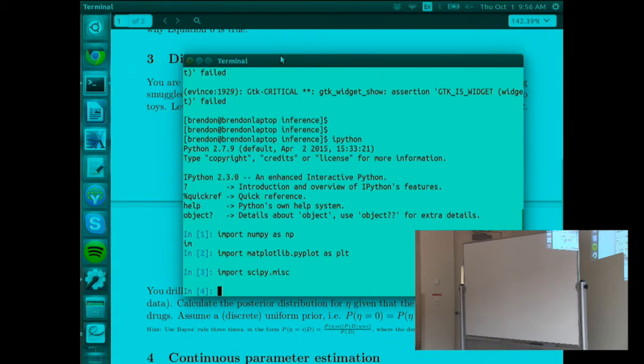And if you don't have a good feeling of what P of D means, that would be if I asked you at the beginning of the problem, what's the probability that no drugs will be found in the first toy they check? There are 3 ways that can happen: through eta being 0, or eta being 1, or eta being 2.